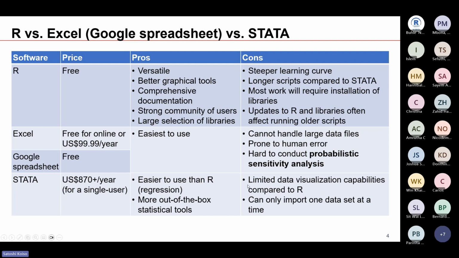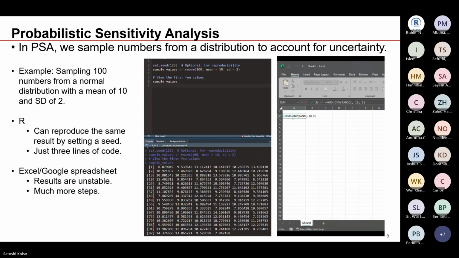But the cons are limited data visualization capability compared to R. And Stata can only import one data set at a time, as far as I know.